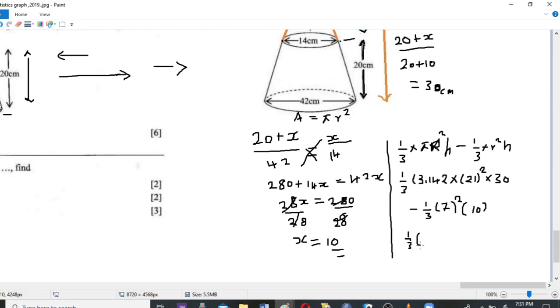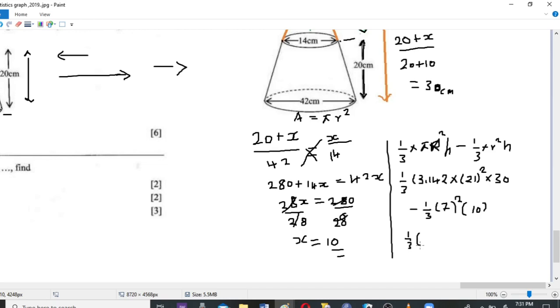That is 3.142. We multiply that by 21 squared, right? So we have 21 squared, which gives 441.